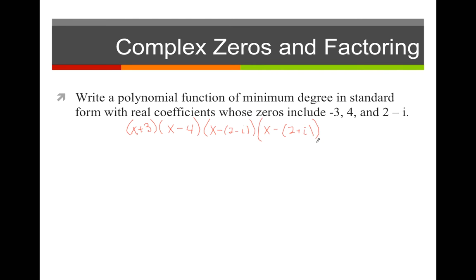And let's think about how to multiply those two things together. We don't worry about these. We will in your actual answers, but right now let's deal with these two things right here. And there's something that I like to do with this. I like to switch the parentheses around. I have x minus 2 plus i by distributing that minus in.